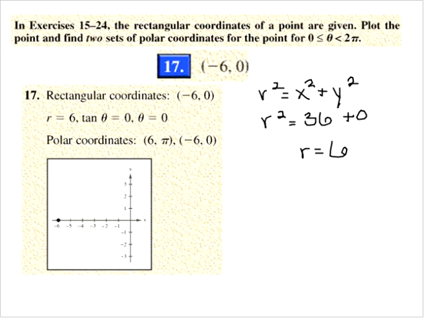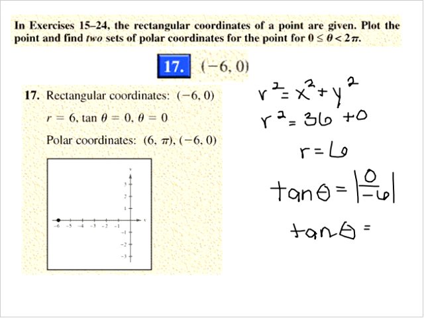And then to find theta, tangent of theta equals the absolute value of b over a, or y over x. So 0 over negative 6, so tangent theta is 0. And if we want, we can do tangent inverse, so we can actually find theta.